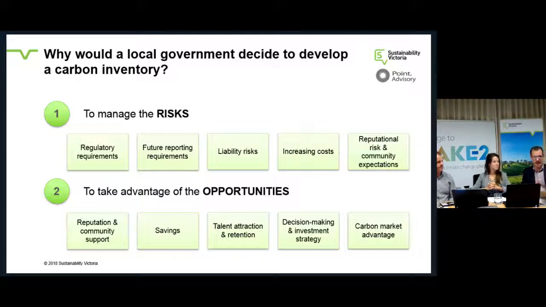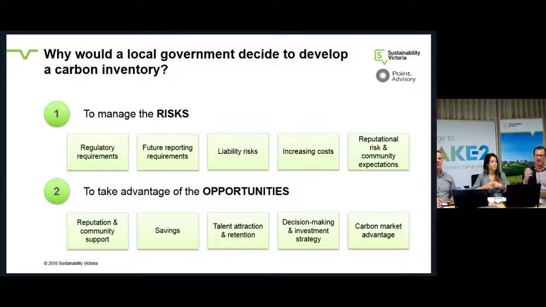The next one there is around costs. So, managing costs. When you develop a carbon inventory, because of the link between fossil fuel use and climate change, you're in some respects developing an energy inventory as well. You're working out where your energy consumption is, and that in turn allows you to start to manage some of that energy consumption. With rising electricity prices and rising gas prices, it allows you to identify potential cost reduction measures, so it allows you essentially to protect yourself against the risk of increasing energy prices.